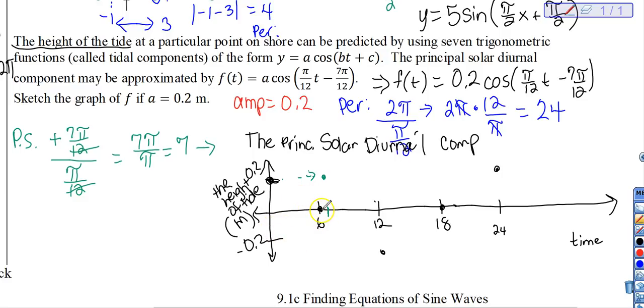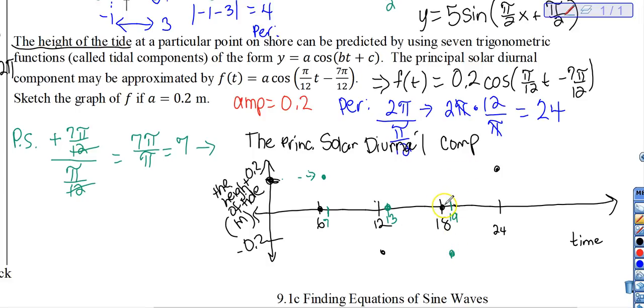So if I'm taking this point that's at 6, this equilibrium time or sea level time, and I push that 7 hours forward, I'm at hour 13. I'm going to go ahead and put a 7 here. And then if I take this low tide at 12 and I push that 7 hours forward, I'm at hour 19.